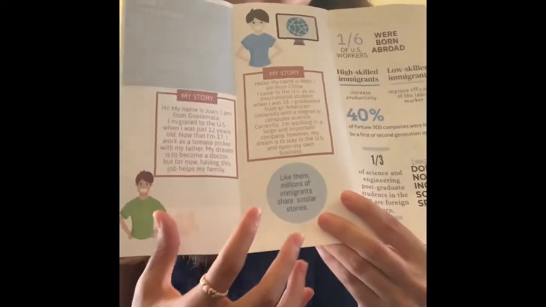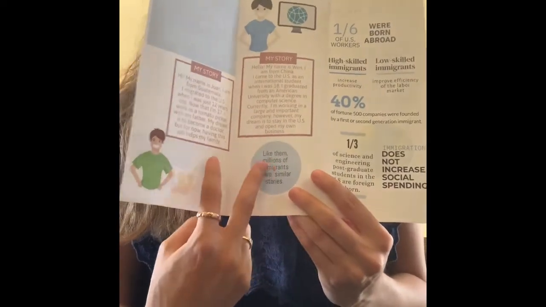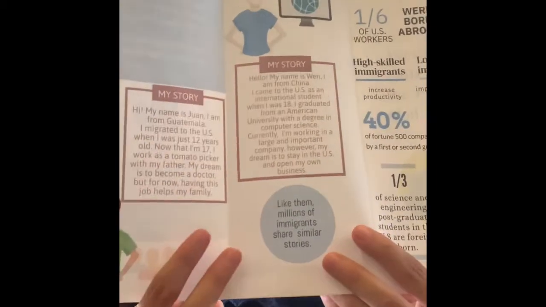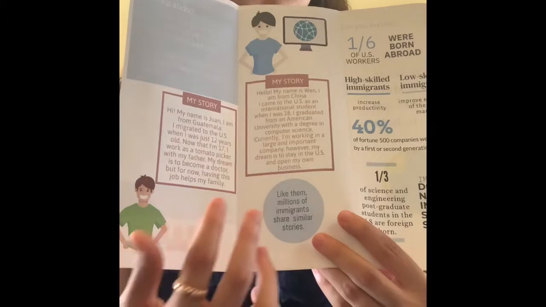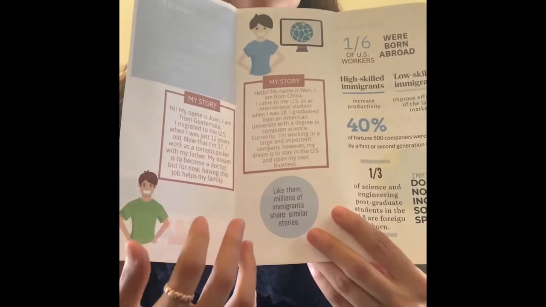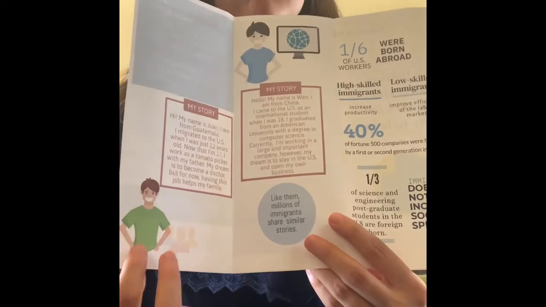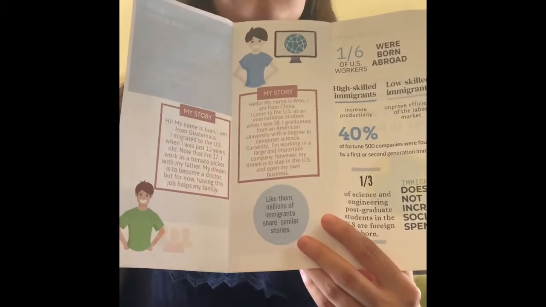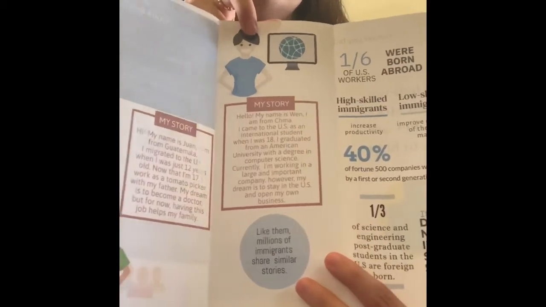So I'm gonna explain why I decided to include these short stories. Basically, I thought that it was a more creative way to include and talk about my main points. For example, in this story I talk about a low-skilled immigrant, while in this story I talk about a high-skilled immigrant.